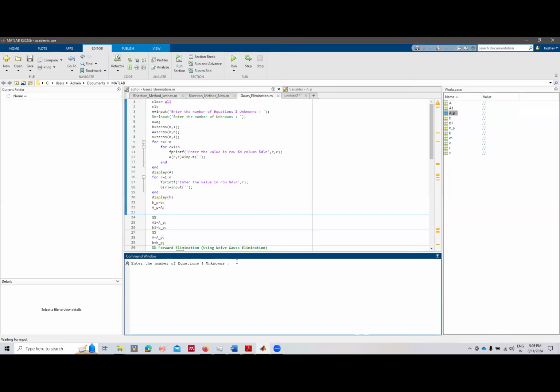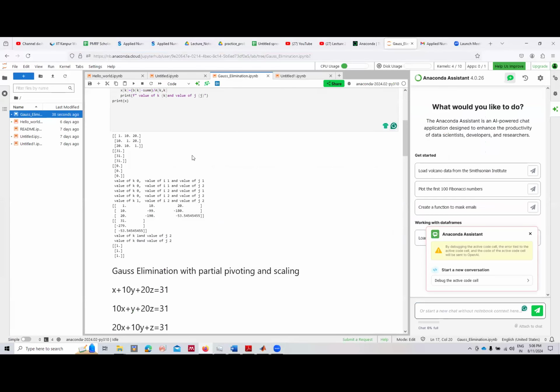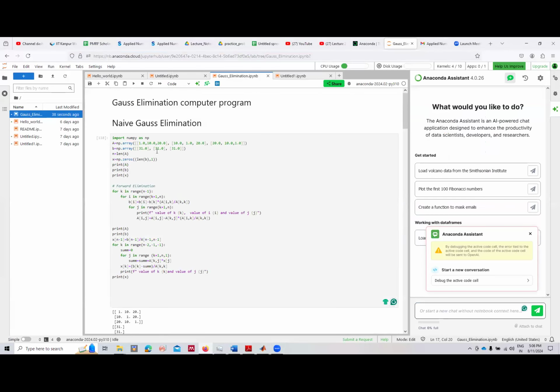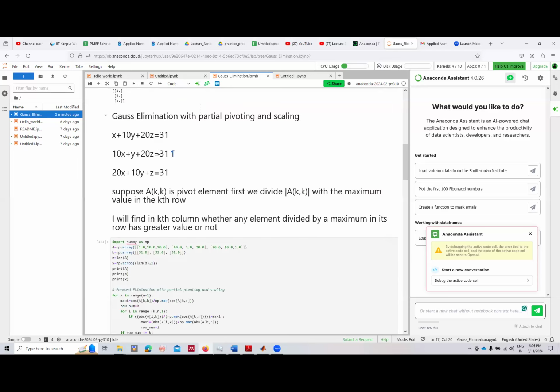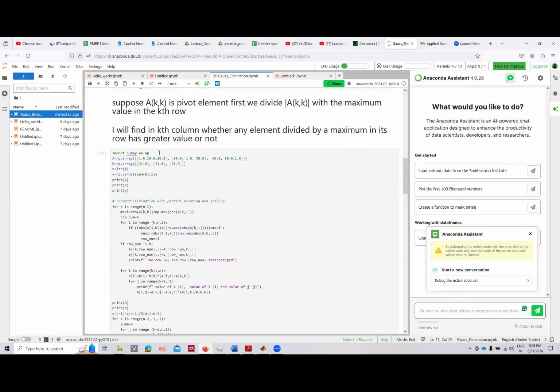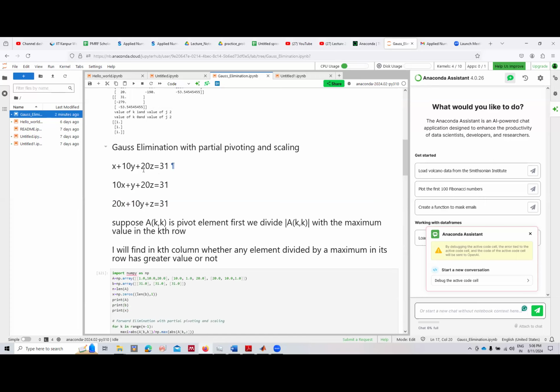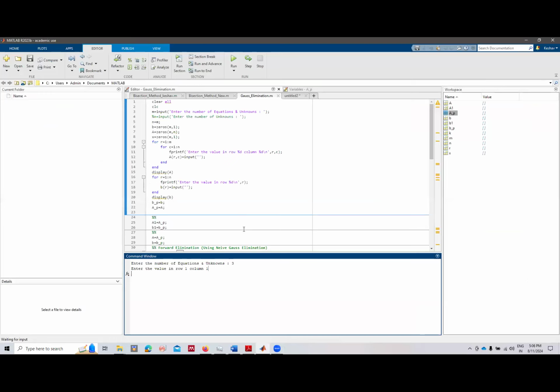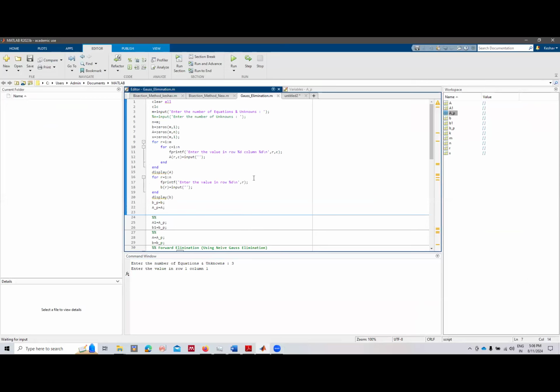Enter the number of equations and number of unknowns: three equations, three unknowns. It is asking me to enter the coefficient matrix values. What were the values? 1, 10, 20. So I simply need to take those. Okay, I need to run it again.